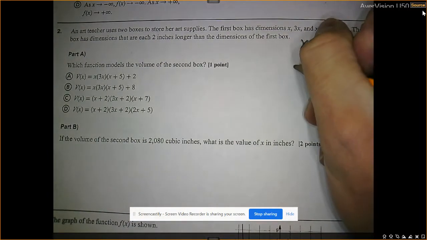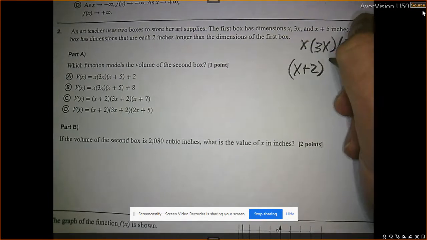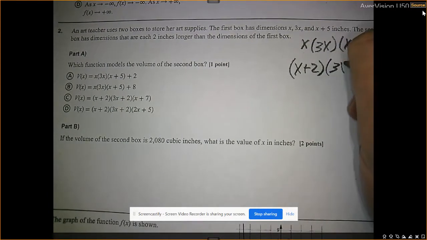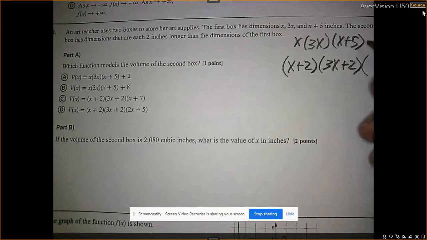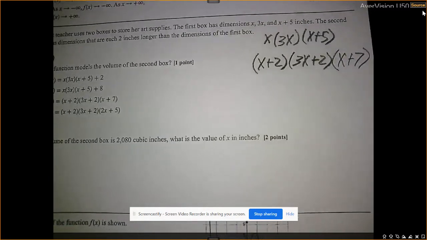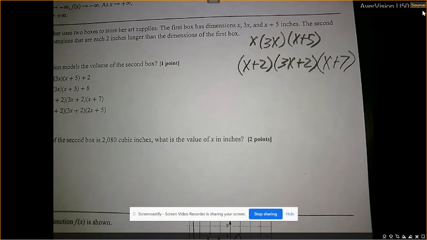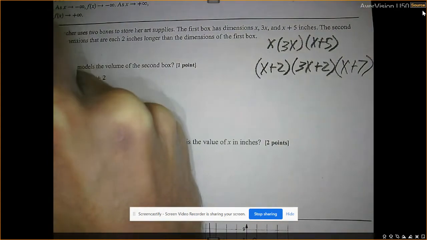So this x is 2 inches longer, so that turns into x plus 2. Our 3x, 2 inches longer, so you add 2 there. And now our x plus 5, I'm adding 2 to that. Well, what's 5 plus 2? It's 7, so we get x plus 7. And that ends up being letter C.